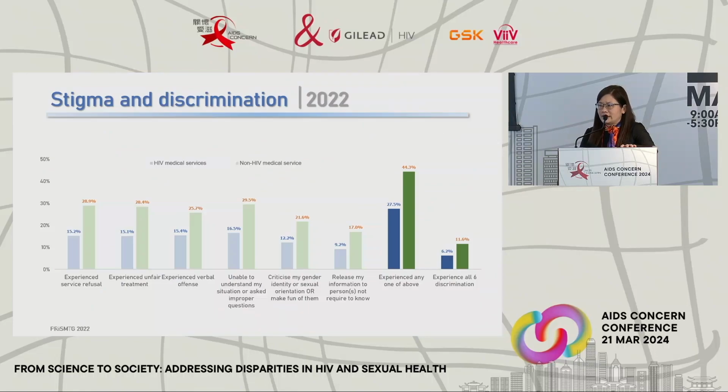In the PRISM survey, we also touched on discrimination, but due to time constraints, I will not go into details, except that discrimination and stigma is still a very important issue affecting sexual minorities.